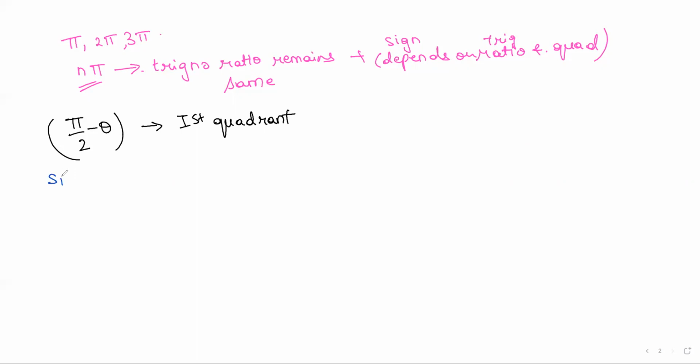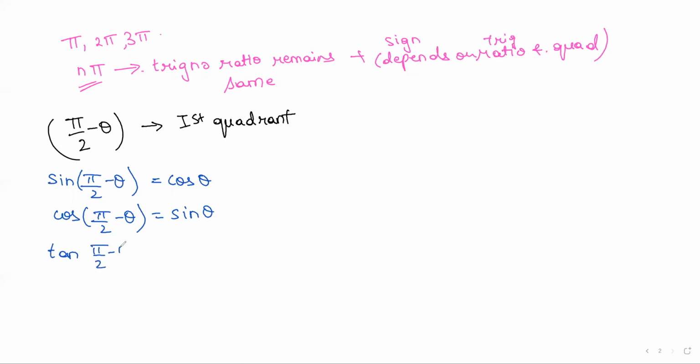Here, sine of pi by 2 minus theta will be equal to, sine will get converted into cos. First quadrant, all are positive, so it is cos theta. Cos of pi by 2 minus theta will be equal to sine theta. First quadrant, all positive. Tan of pi by 2 minus theta will be equal to cot theta.